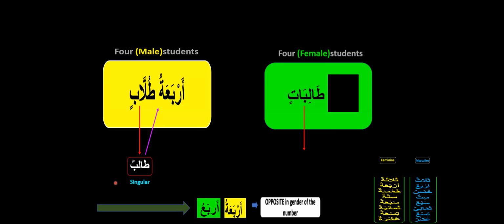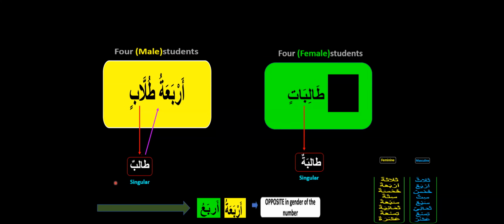On the other hand, talibatin, what is the singular? Talibatun. Is it a masculine word or a feminine word? This is a feminine word. So you don't look at talibat, you don't look at the plural. This is what I'm trying to reinforce over and over again so we don't have any confusion. Any word you see, just check what is the singular.